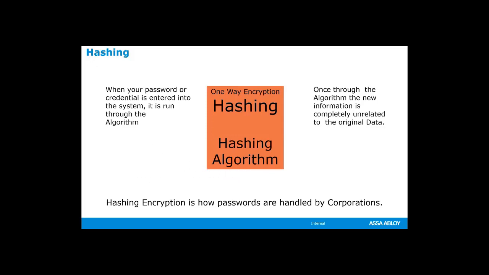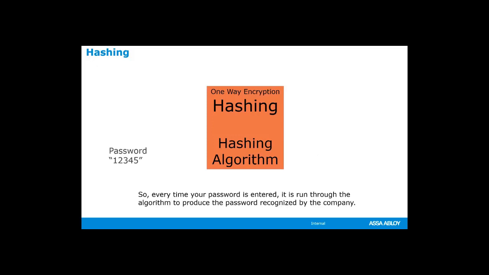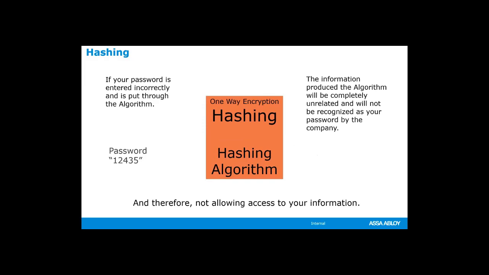In this example, the password is 12345, and when the password is sent through the algorithm, it can be recognized by the company as this password. So every time the password is entered, it is run through the algorithm to produce the same password recognized by the company.